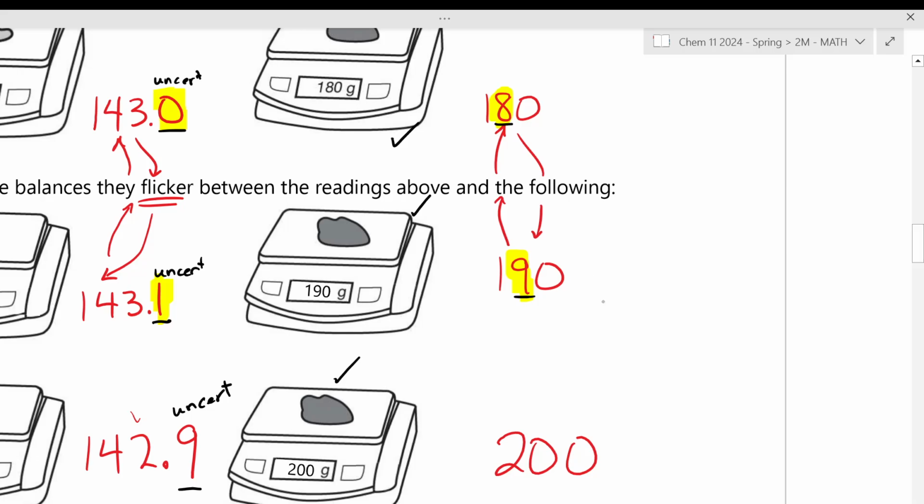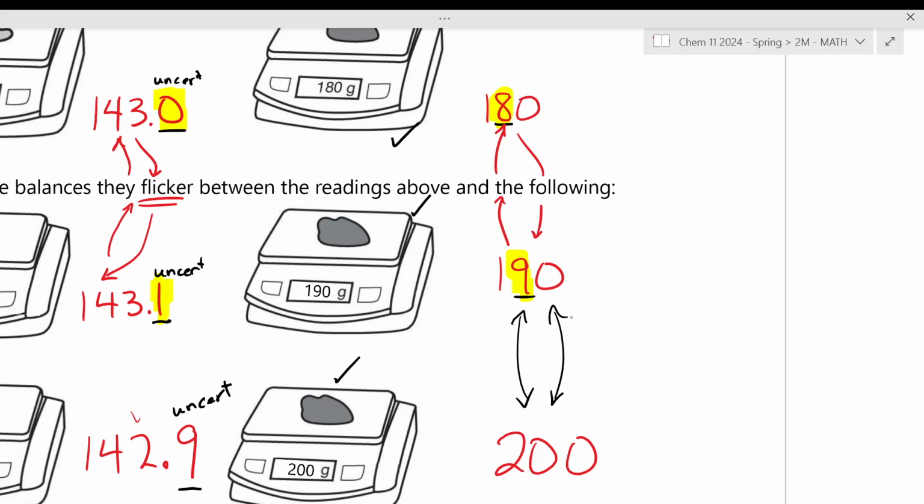So this is flickering back and forth between these two. Which digit in the 200 is uncertain? Is it the 2? Is it the middle 0? Or is it the last 0?